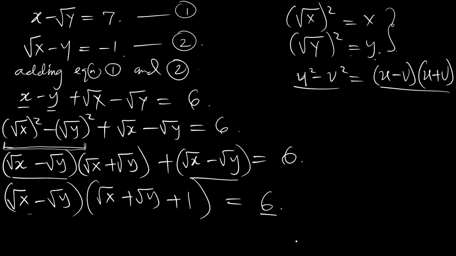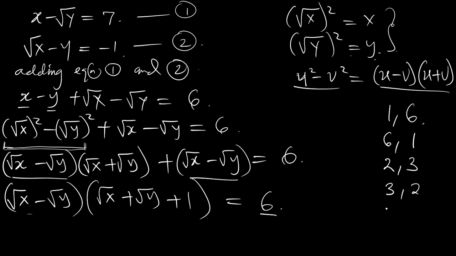Now for us to move further, you have 6. What are the factors of 6? You have 1 and 6, 6 and 1. When you multiply them, it gives you 6. You have 2, 3, and 3, 2.